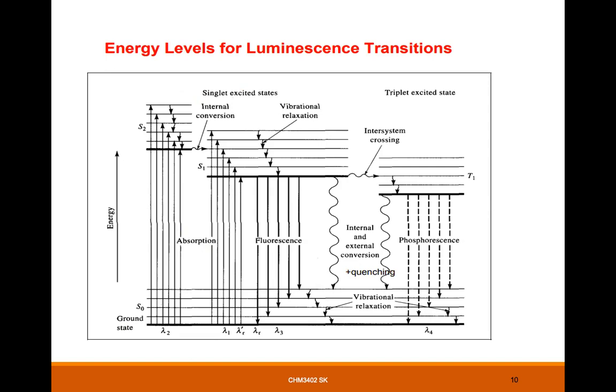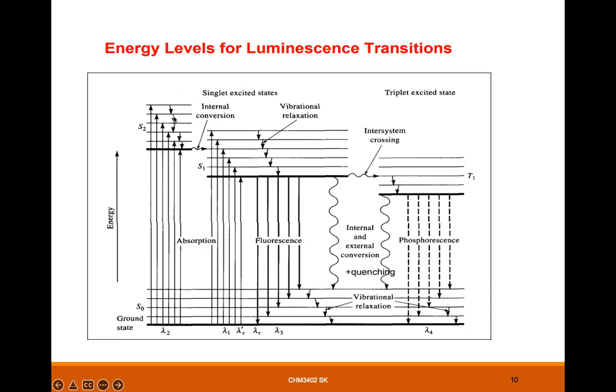Once it goes to the ground state, it emits energy in the region of either UV or visible. So that's how UV and visible region is produced.